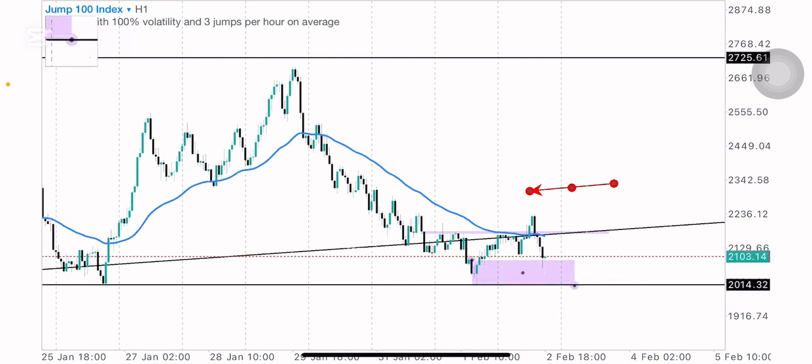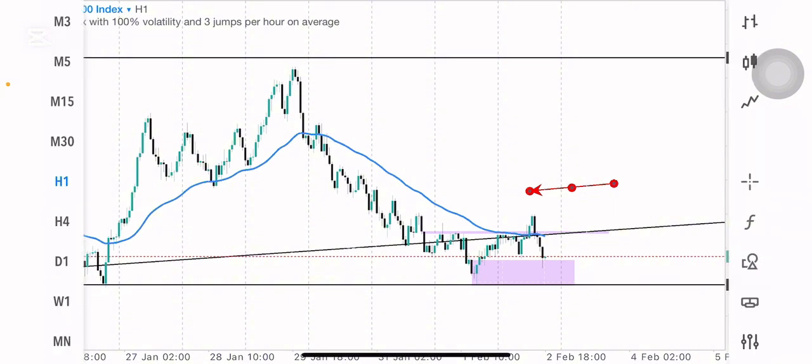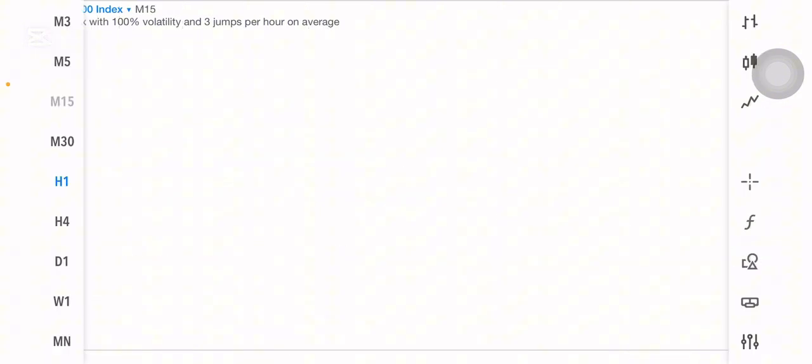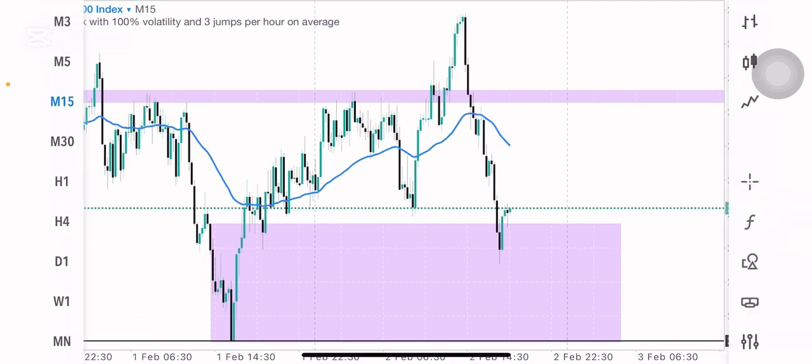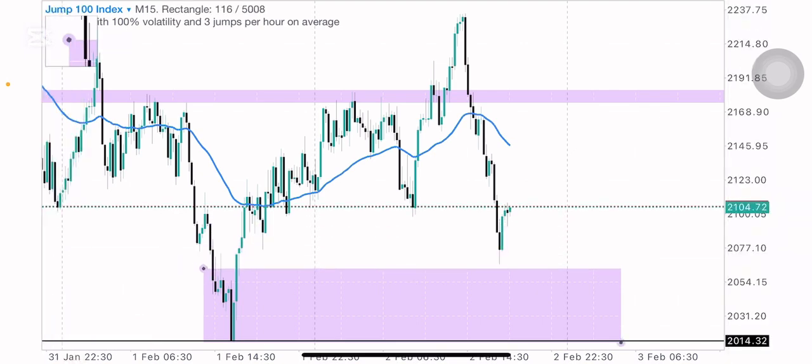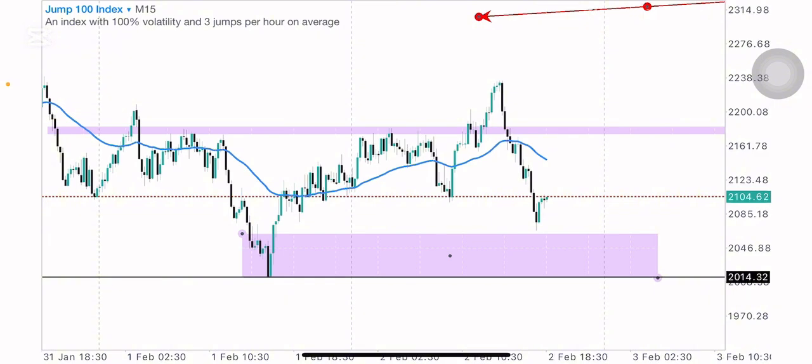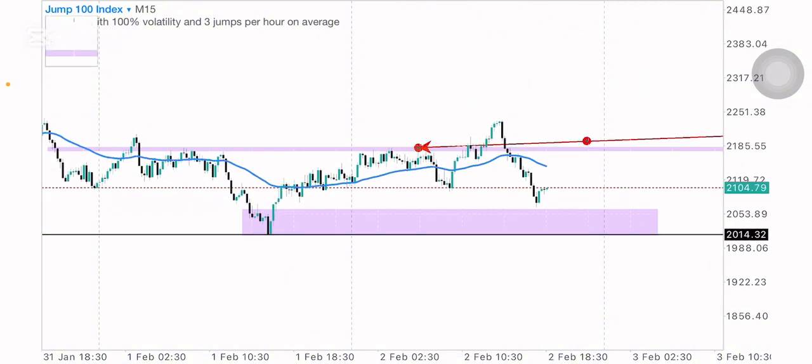If price gives me a good reason to buy, I will buy. So this is it, probably. Yep, let me refine it better. So if price gives me a good reason to buy, I'll buy from here.